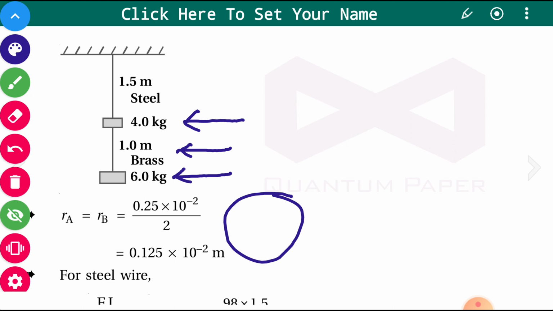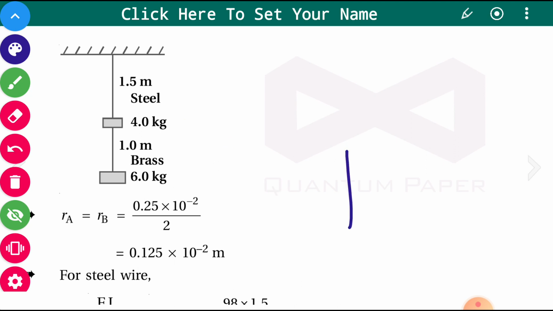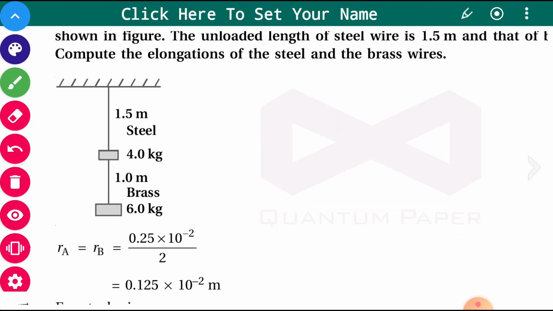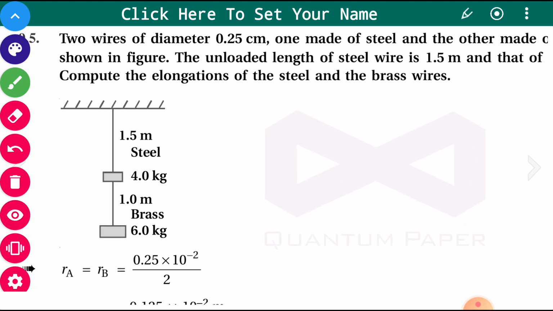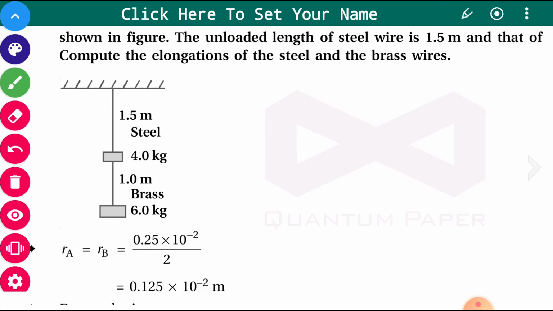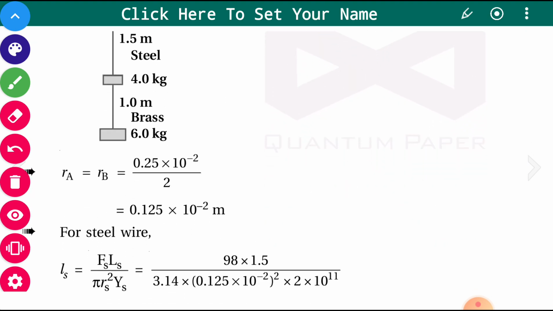The diameter is 0.25 centimeter, so the radius will be 0.25 upon 2, converted into meter by multiplying by 10 to the power minus 2. So it is 0.125 into 10 raised to minus 2 meter.